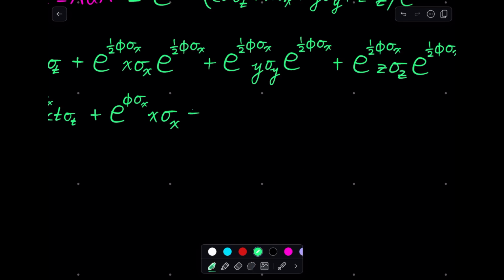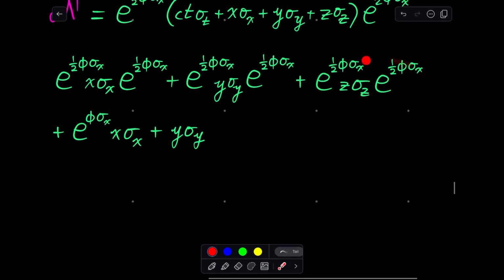So we get e to the 1/2 phi sigma x, e to the negative 1/2 phi sigma x, which cancels out. This just becomes 1. So we can write y sigma y, and the same exact process happens for this, so we end up with only z sigma z.